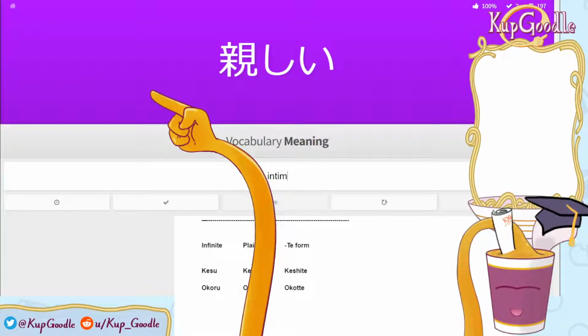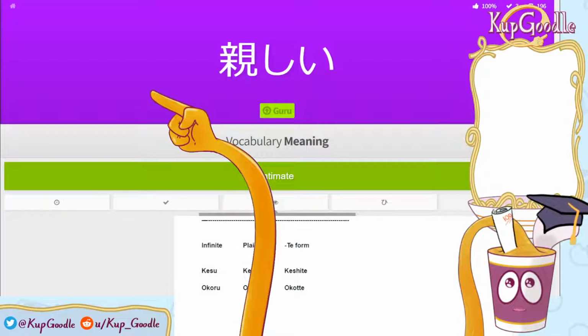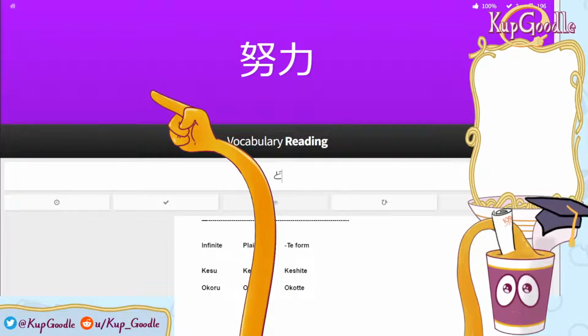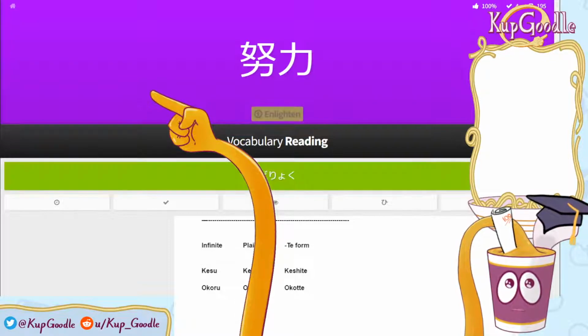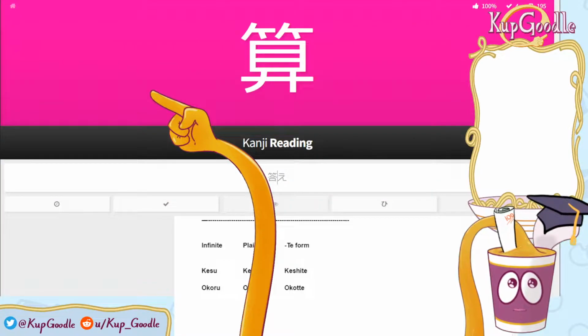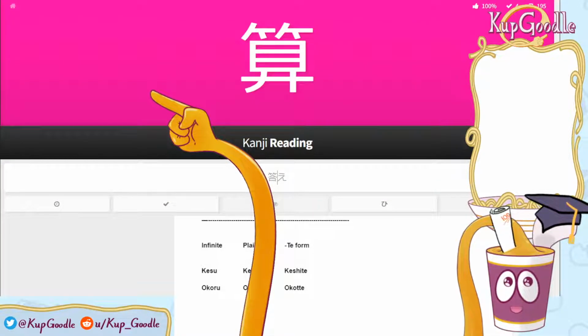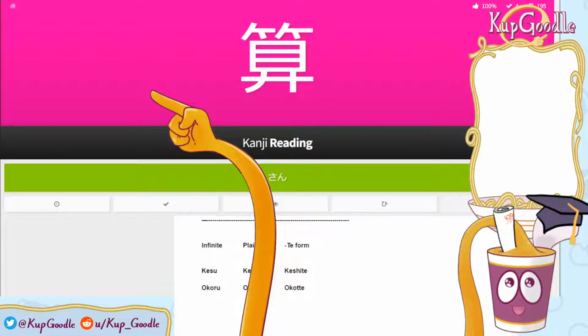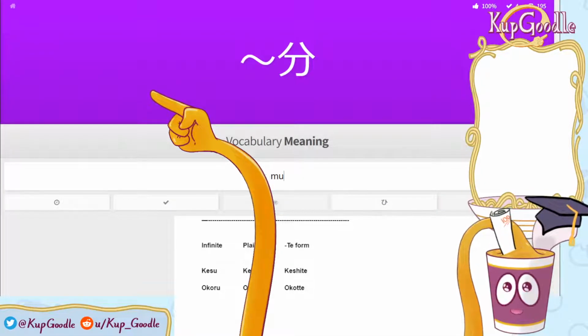Shitashi is intimate. Doryoku. Seiyo. The West. That's the West. Sabers from the West. San. That's calculate. Minutes.